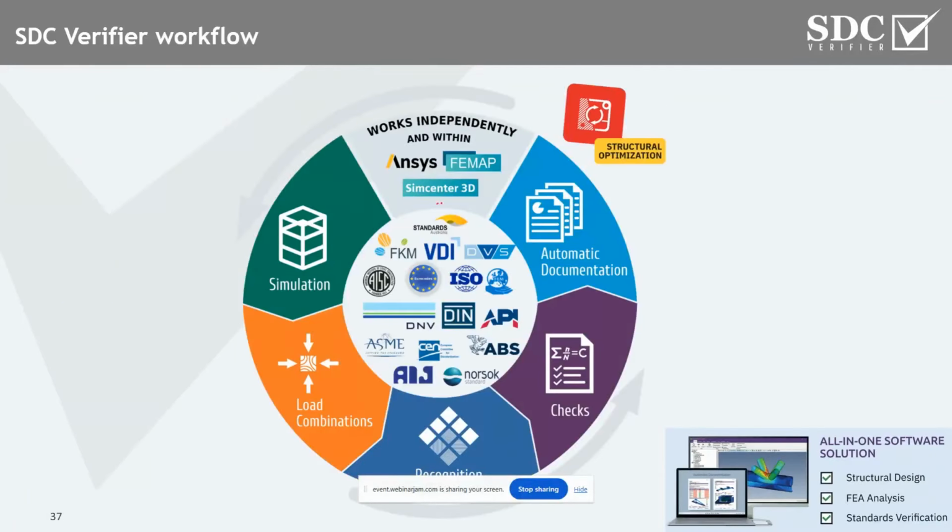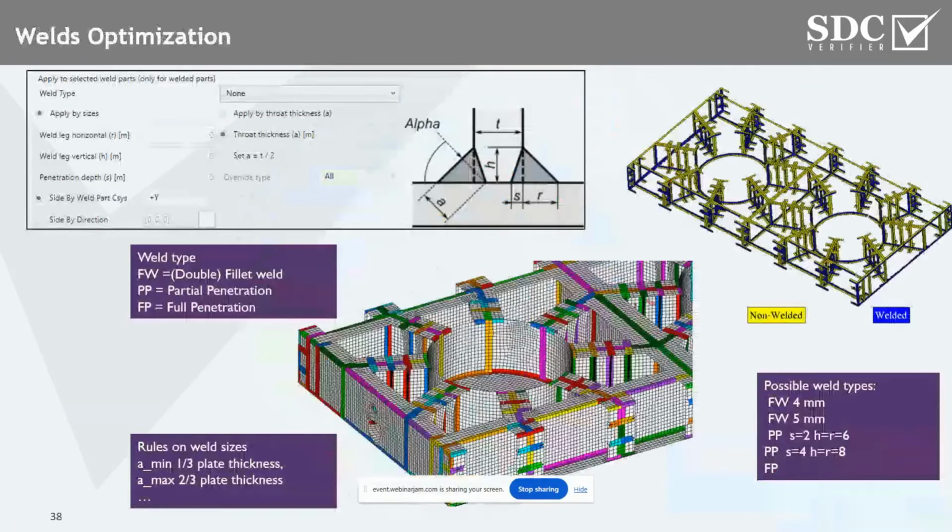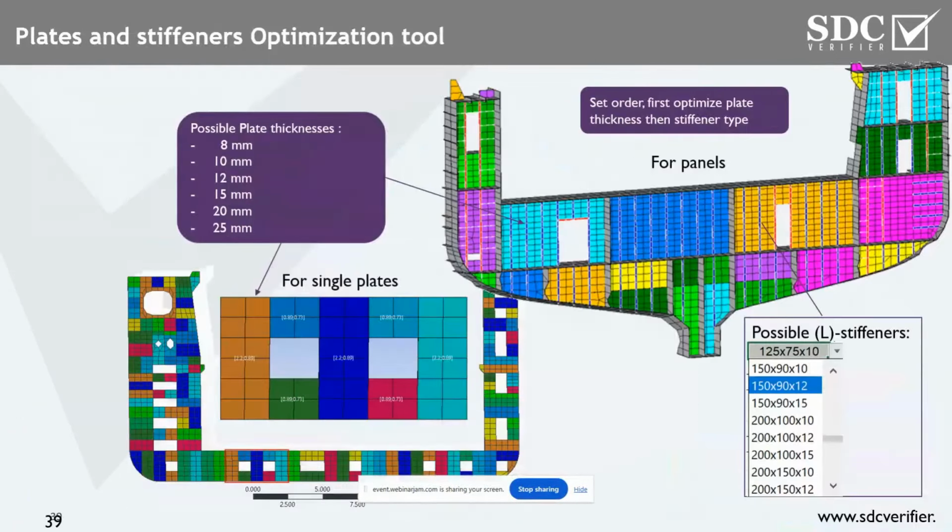So after you conducted all these checks, life is hard, and it can be that you're running out of the limits. So you would need to make some changes to your structure to optimize it actually, because the weld size might not be enough, for example. So what you can do is optimize it based on different weld types, weld sizes, etc. If your plate thickness results in buckling, you can optimize your plate thickness.